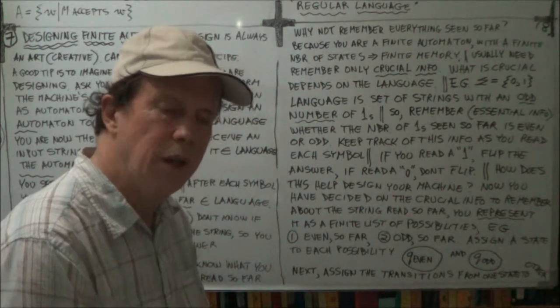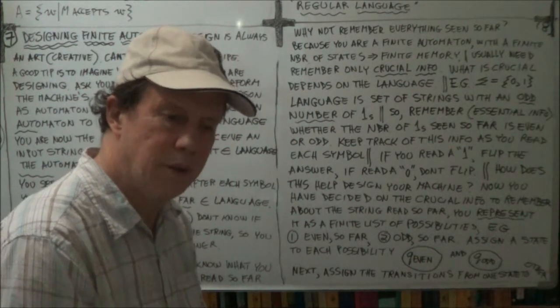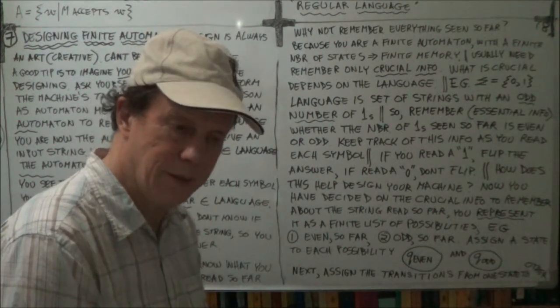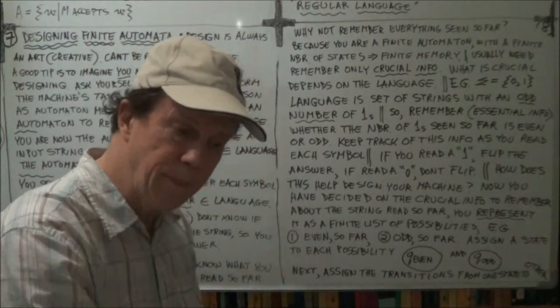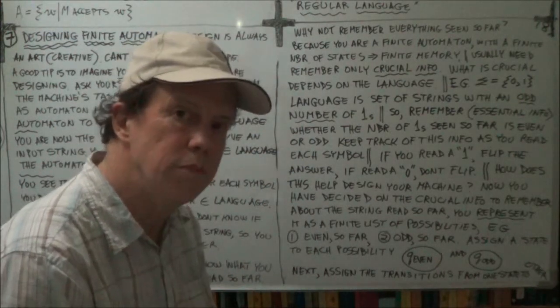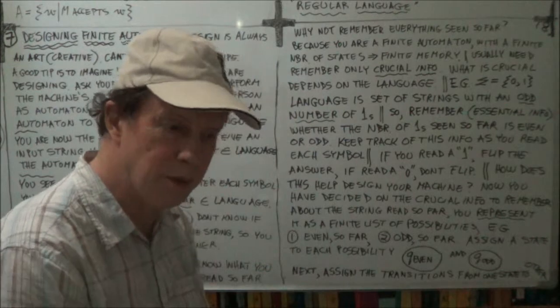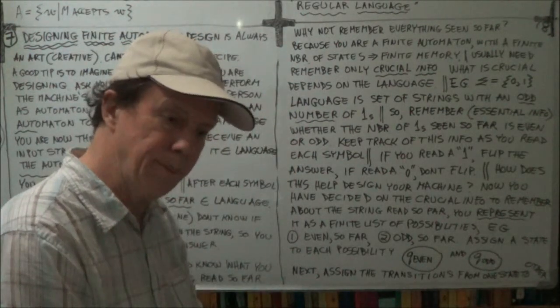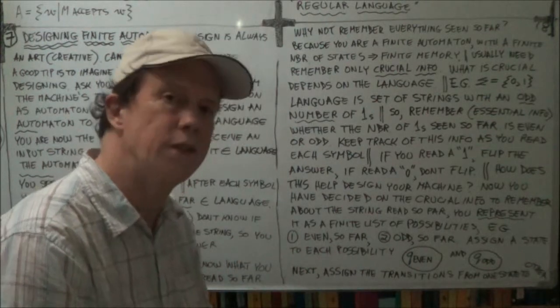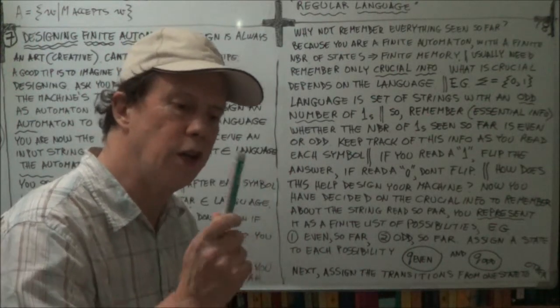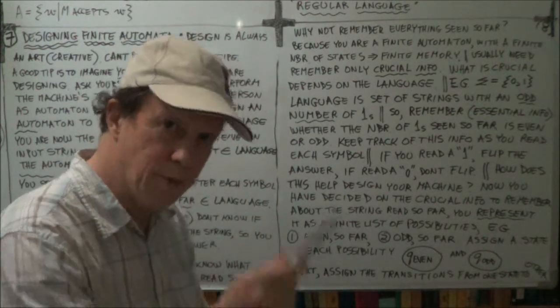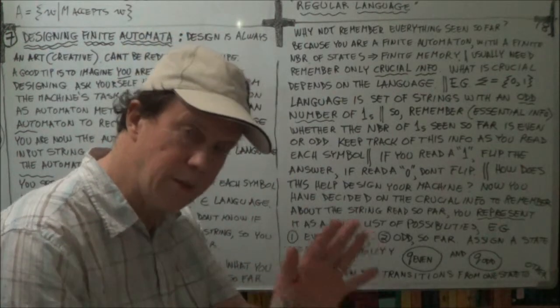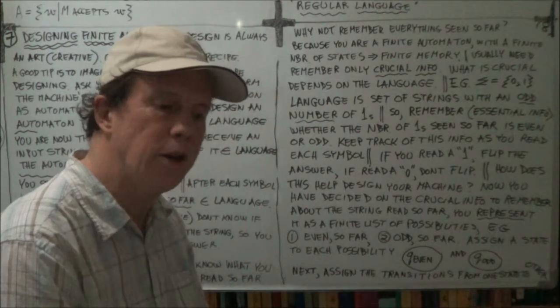That's not essential. What is essential is whether the number of ones that have come in so far is even or odd. That's crucial information.